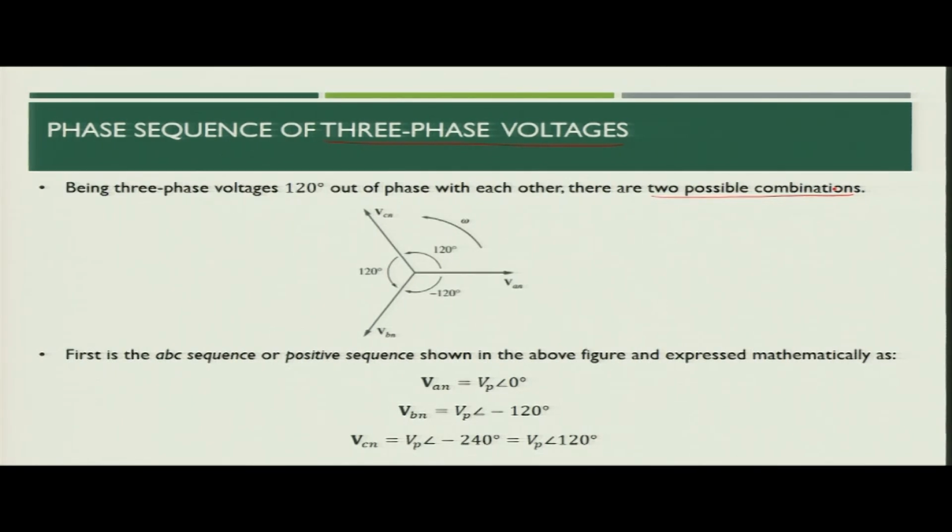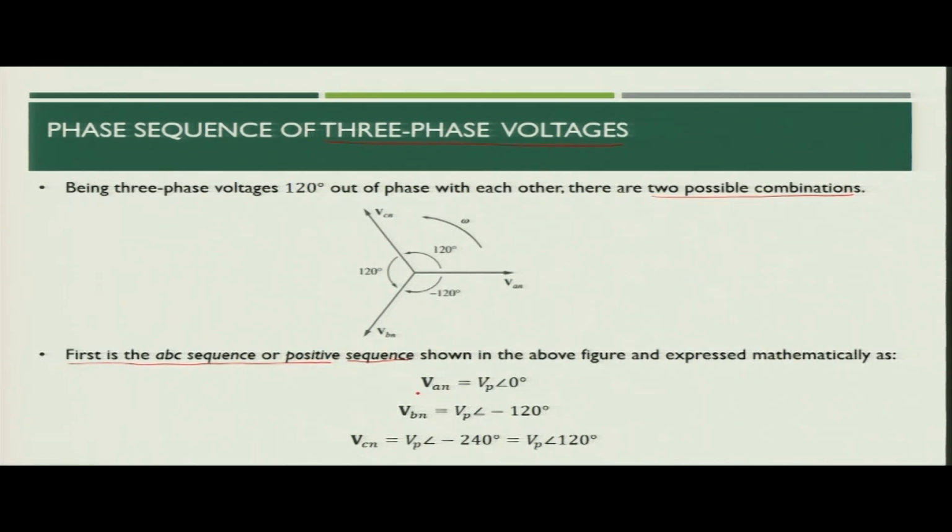In the first sequence, which we call ABC or positive sequence, the reference voltage phasor, that is VAN, is leading VBN by 120 degree, and VBN is leading VCN by again 120 degree.